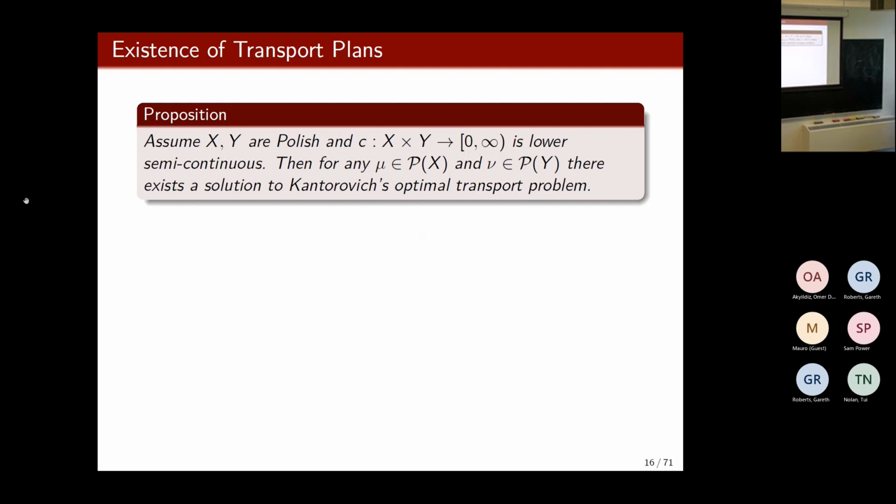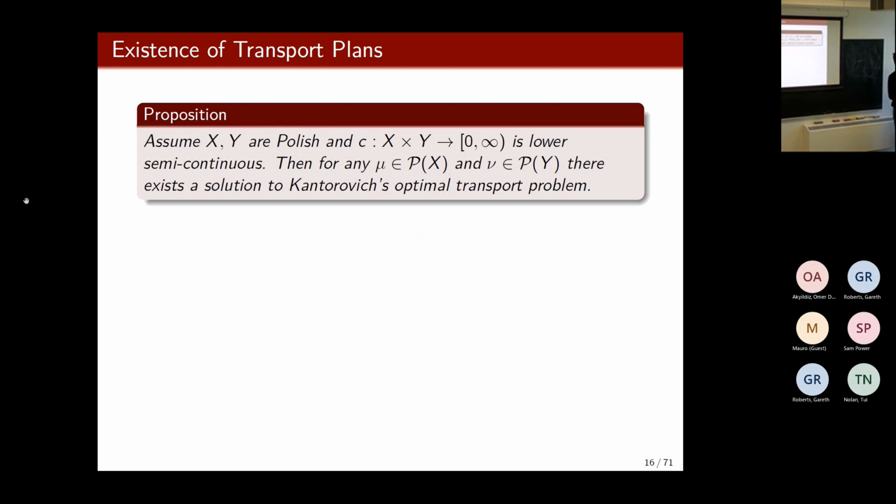Right. Okay. So the first really theoretical result is the existence of transport plans. Some technical conditions: X and Y Polish, c lower semi-continuous. Then the proposition says that between any two measures mu and nu, there exists a solution to Kantorovich's optimal transport problem.